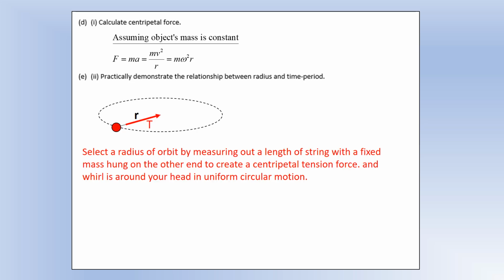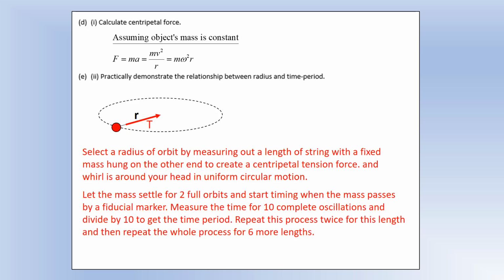And then we're going to make the object go round our head in a circular path. So again, thinking about what we talked about earlier, we'd let it settle into its orbit, measure the time for 10 oscillations using a fiducial marker, and repeat this for each length.